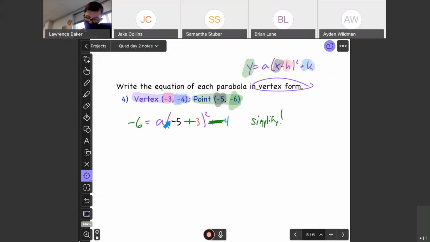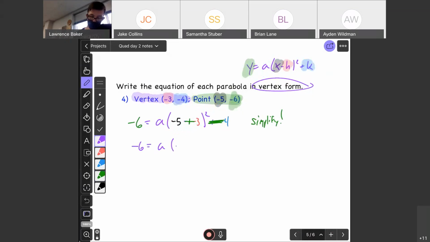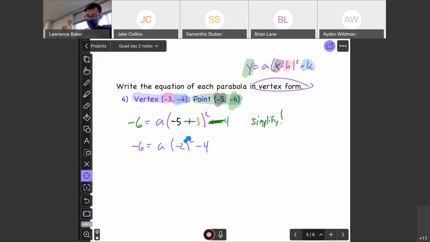This is written too complex. -5 plus 3, squared. I have a simpler way of saying that. -5 plus 3 is -2. I have a simpler way of saying this: -2 squared. -2 times -2 is 4.